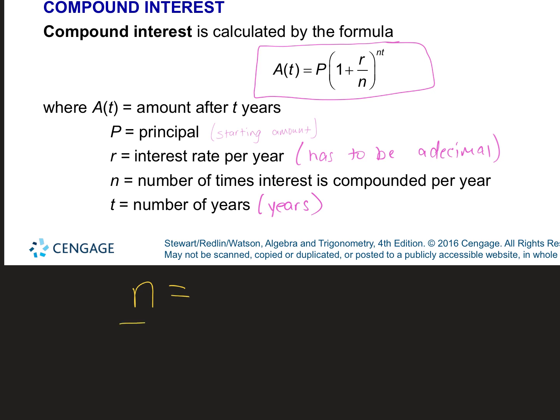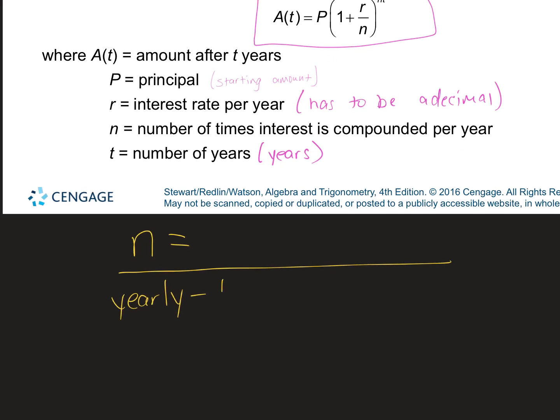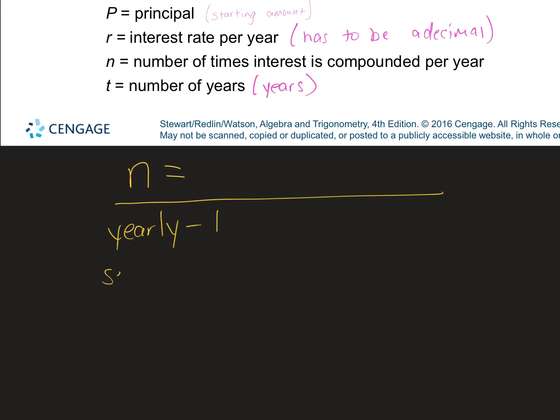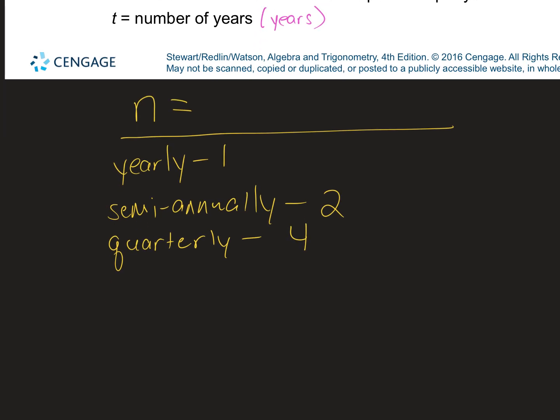If I say the word yearly, how many times does something happen if it's yearly? Once. All right, what about if I say semi-annually? Pretty sure I spelled that wrong. How many times a year? Twice, okay? What about if I say quarterly? Quarterly is 4.